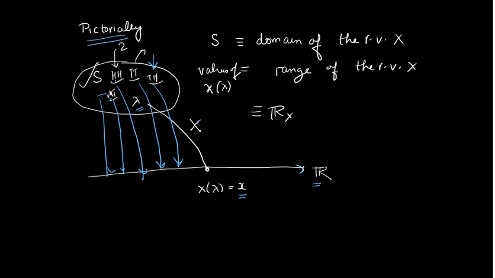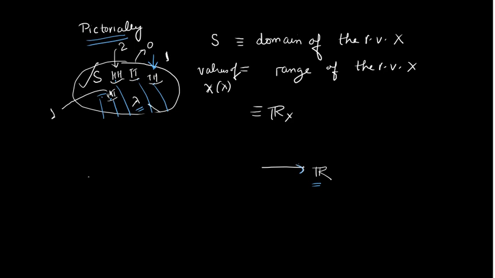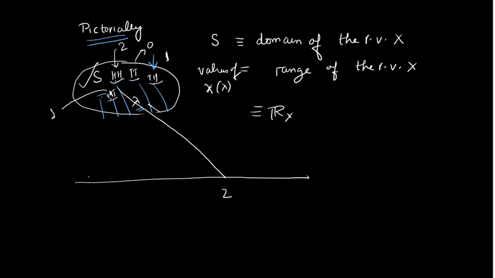If we get tail-tail, the number of heads is 0. If we get tail-head, the number of heads is 1, and similarly if we get head-tail, the number of heads is 1. So if we define our random variable like this for this random experiment, head-head maps to 2, tail-tail maps to 0, and head-tail and tail-head map to 1, and this is the real line.